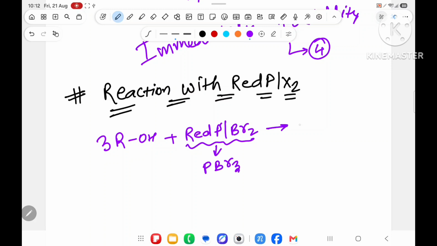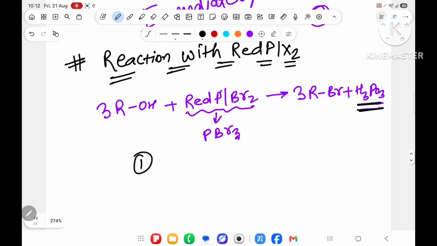Don't get confused. You will get 3 moles of RBr plus H3PO3. The byproduct is also very important. Sometimes they will ask what the byproduct is when red phosphorus reacts with Br2, that is PBr3. So H3PO3 is the byproduct.